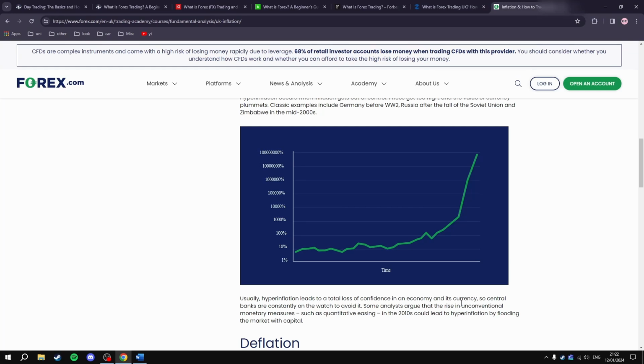So central banks are constantly on the watch to avoid it. Some analysts argue that the rise in unconventional monetary measures such as quantitative easing in the 2010s could lead to hyperinflation by flooding the market with capital.